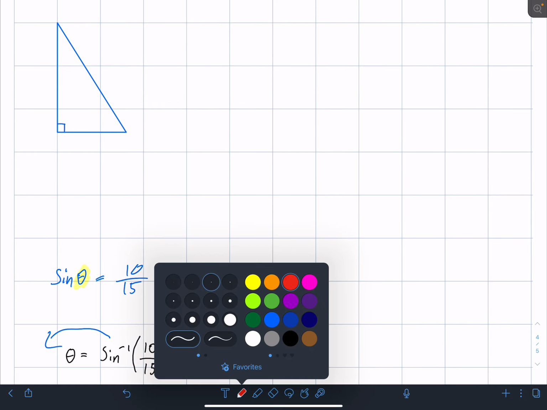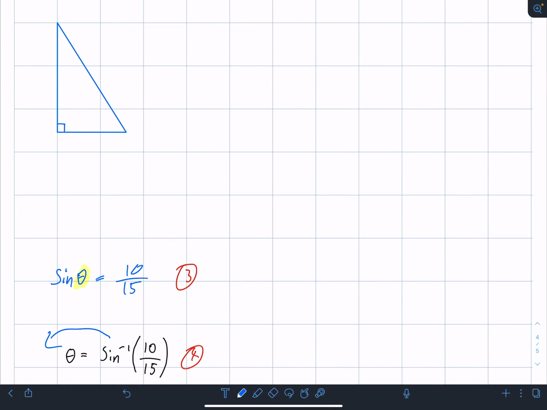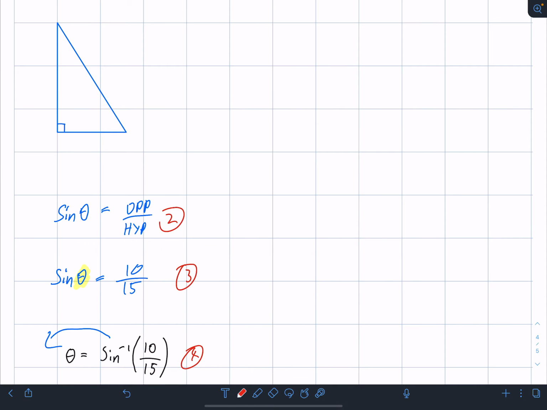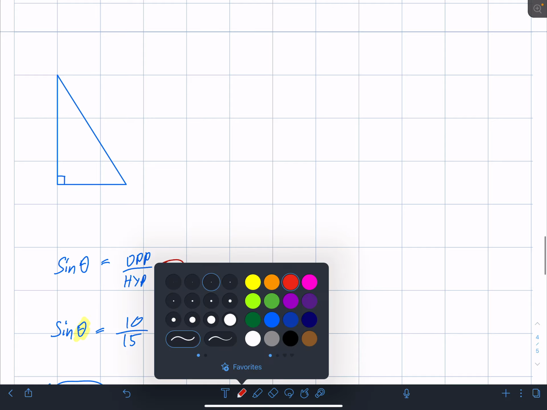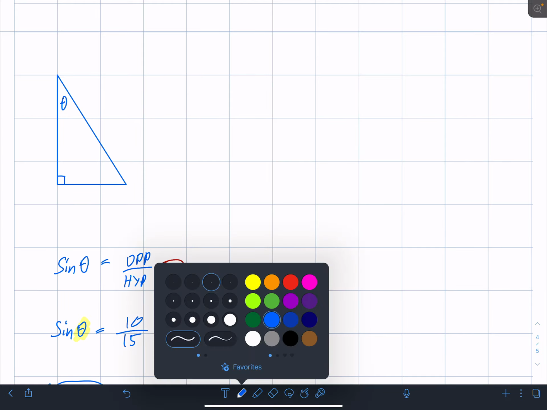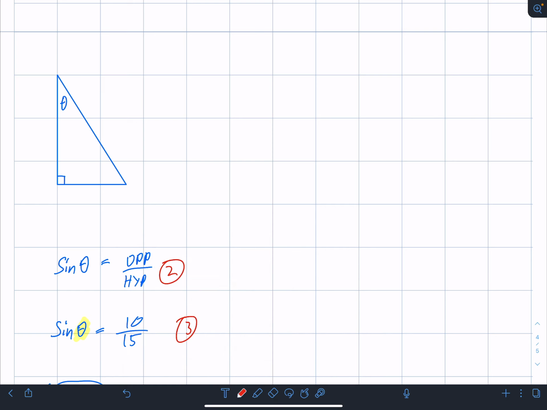Step 2 will become to add the trigonometric ratio. So sine theta equals opposite over hypotenuse. So step 2 is done. And step 1 will become, according to the angle, to label the sides.